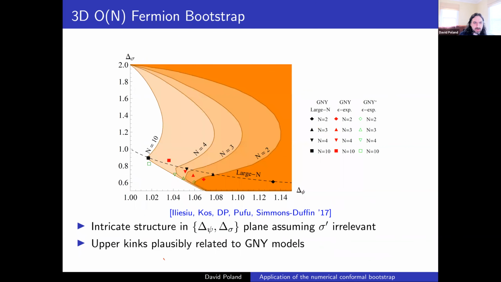If you go to the space of delta psi and the leading singlet, delta sigma, and assume that this leading singlet is the only relevant singlet in the theory, then you get some funny wave structure to the allowed region.